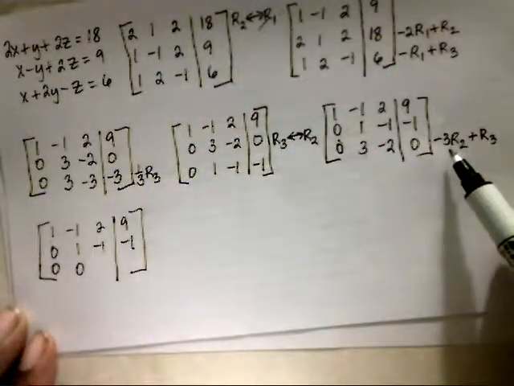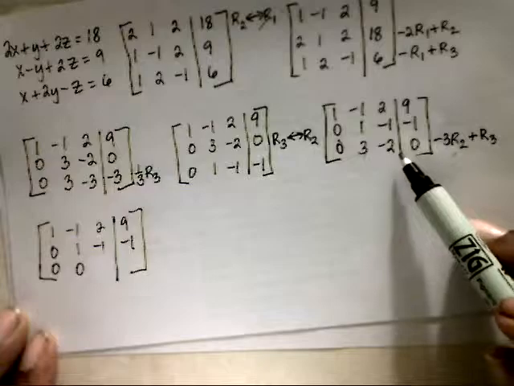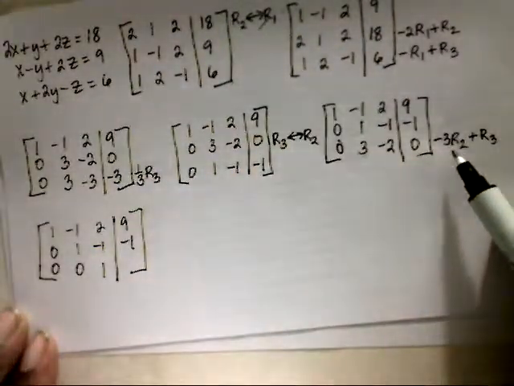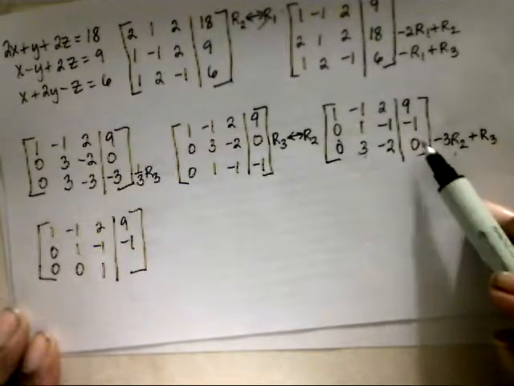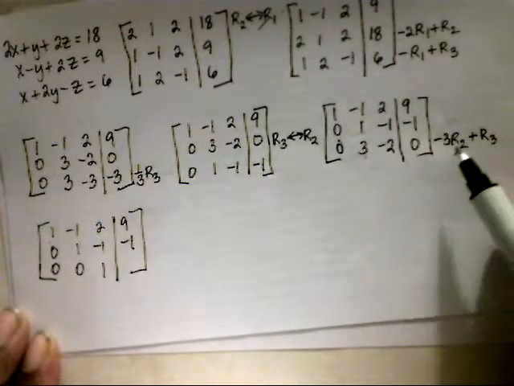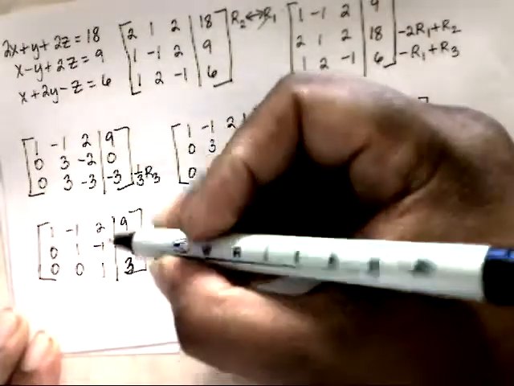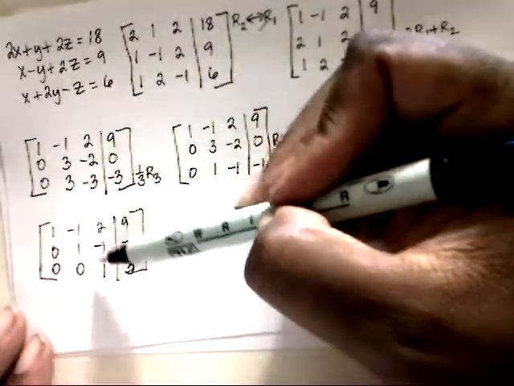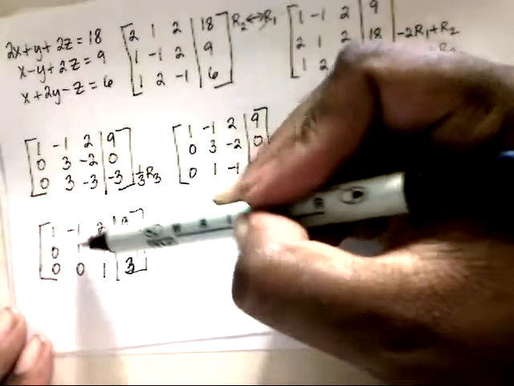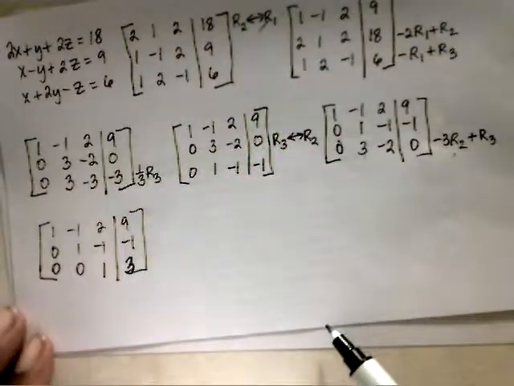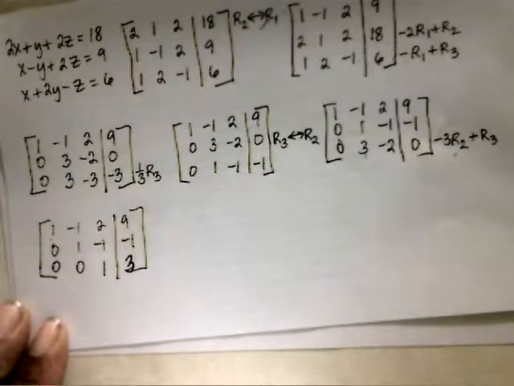Negative 1 times the negative 3 will be 3. 3 plus negative 2 is 1. And then negative 3 times negative 1 will be 3, plus 0 will be 3. And guess what? I'm done. Because now I have 1s along the main diagonal from the upper left to lower right and 0s in the bottom row. That's what I want.